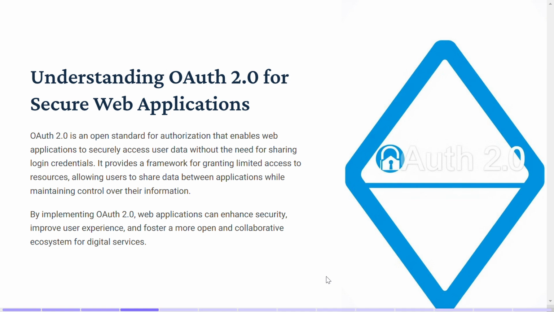OAuth 2.0 is a security standard that lets us access a third party application without creating an account in it and without sharing our password with the third party application. For example, if we want to access our Netflix account, there are many ways to create an account in it.